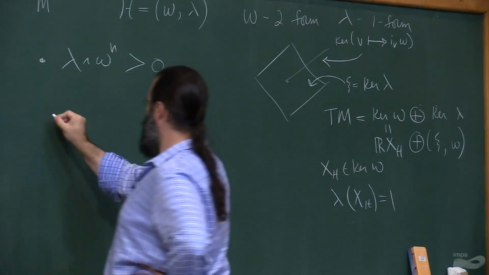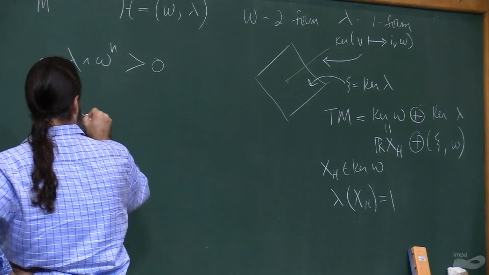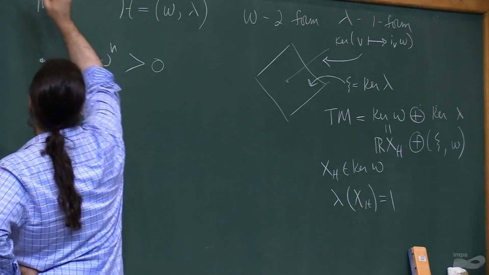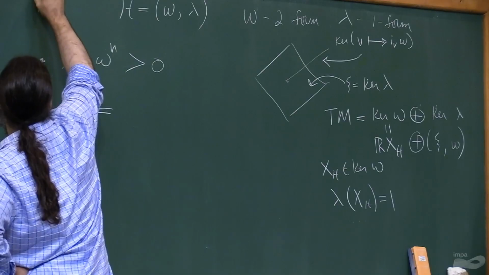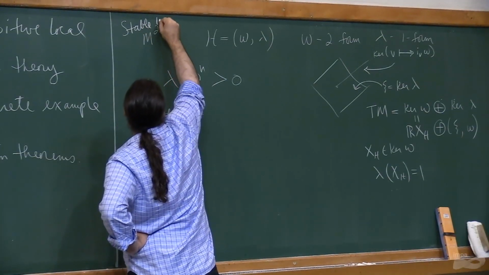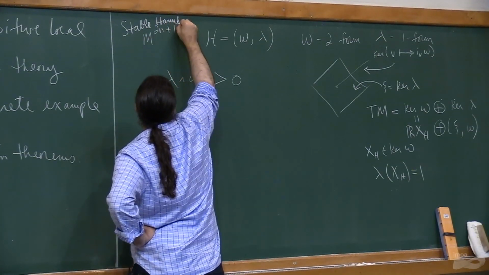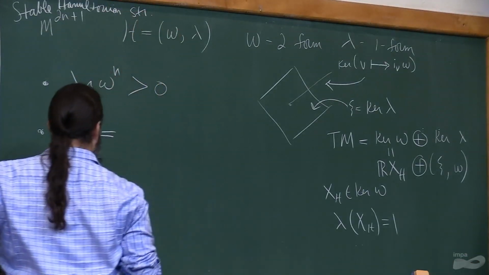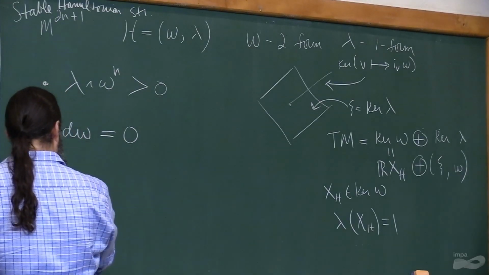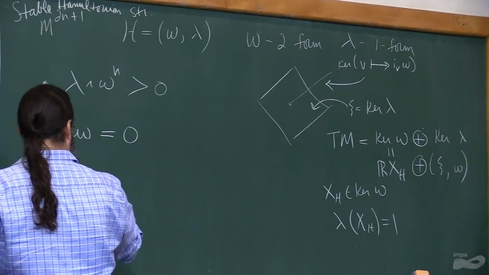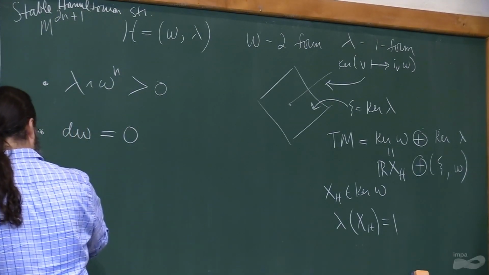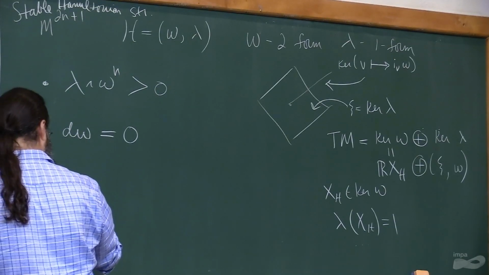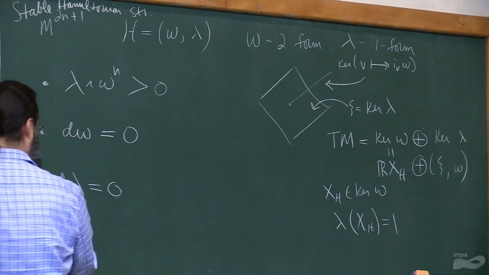And the two other conditions that are important in this definition of, I didn't say these are called stable Hamiltonian structures. I'm sure that's too small for anyone to see, but I'll write it anyway. Stable Hamiltonian structure. So I want omega to be closed, and d lambda should vanish on the kernel of omega. It's equivalent to say it vanishes on that vector field.